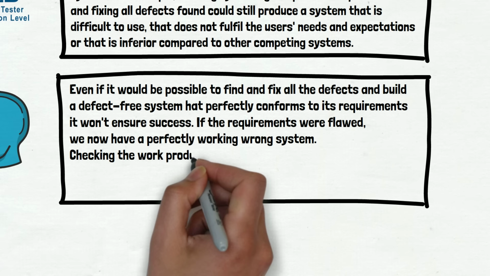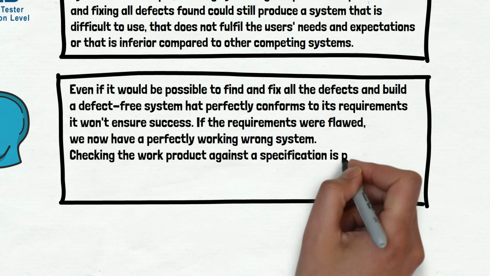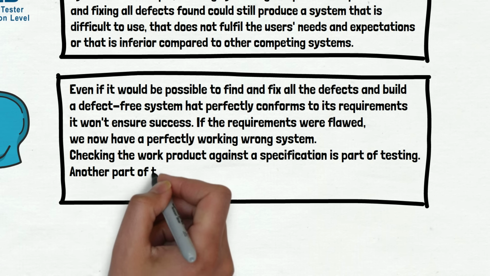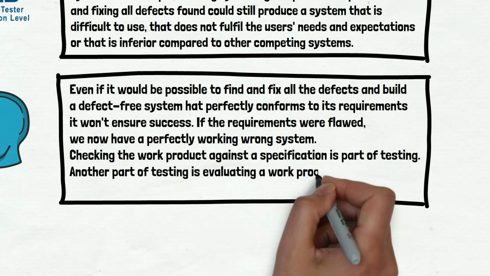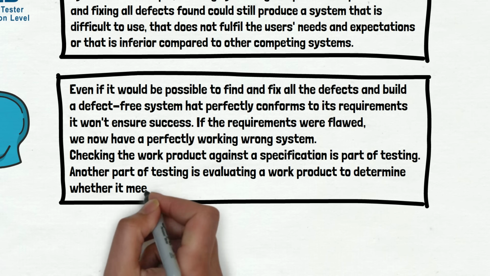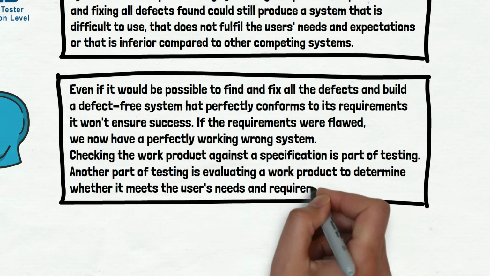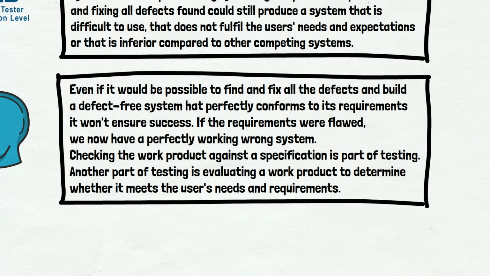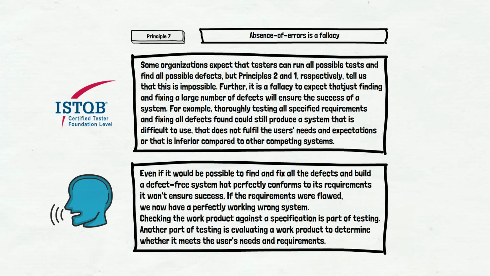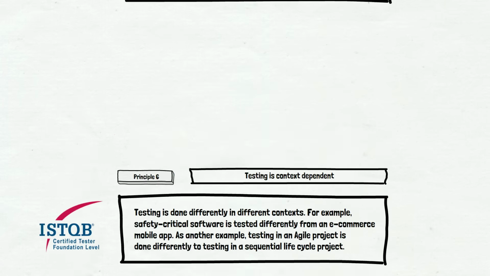Checking the work product against a specification is part of testing. Another part of testing is evaluating a work product to determine whether it meets the user's needs and requirements. This is called verification and validation. That's all we wanted to say related to the absence of errors is a fallacy principle. And it is the last principle on the list.